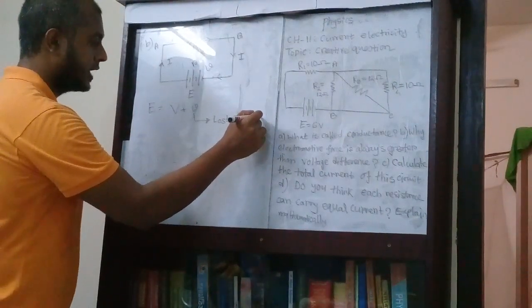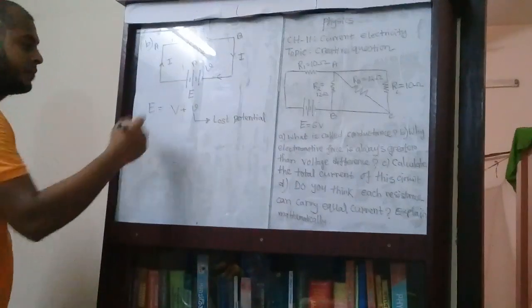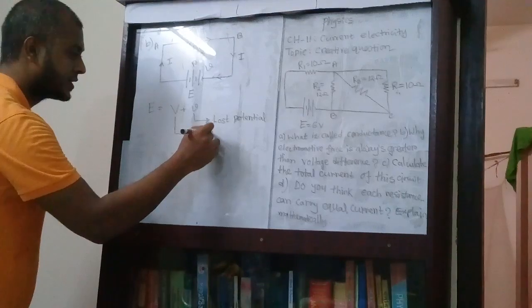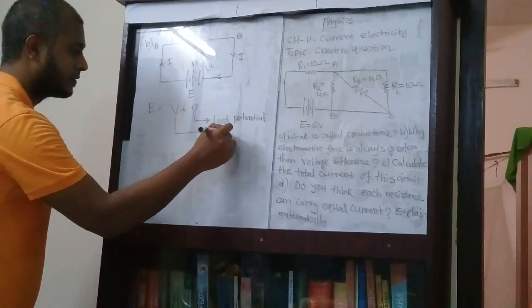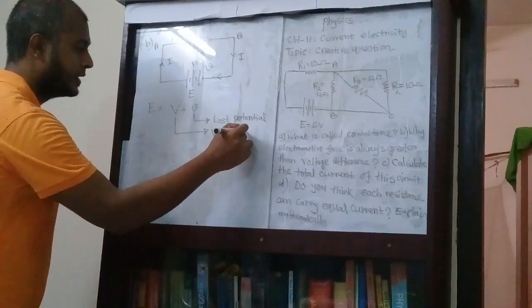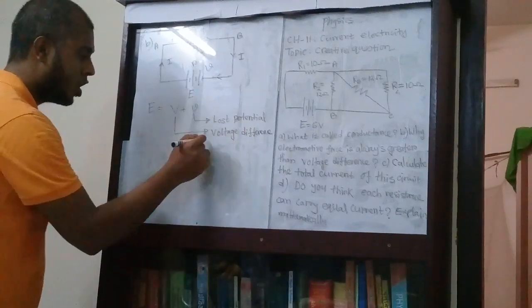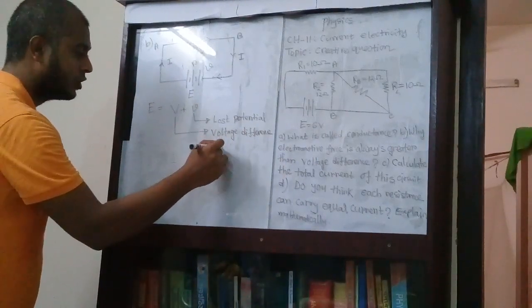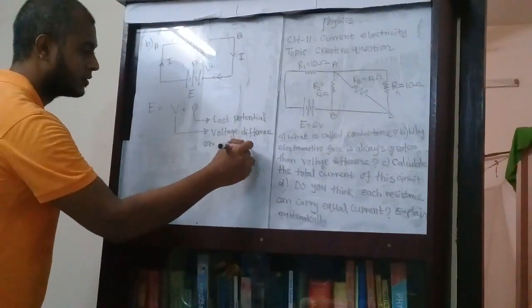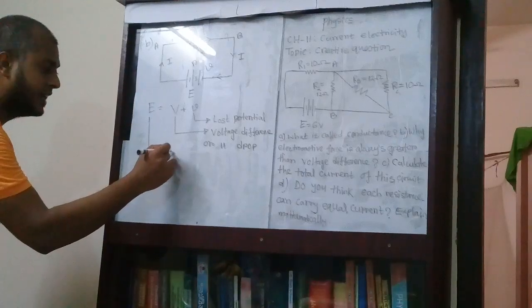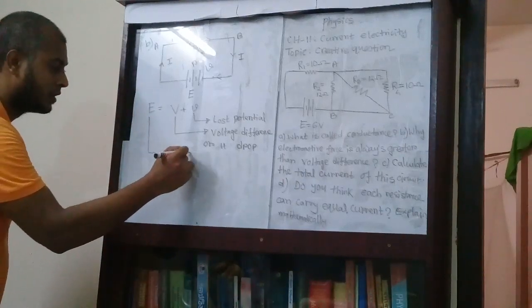And then this capital V is called voltage difference, or also called voltage drop. And this E is called electromotive force.